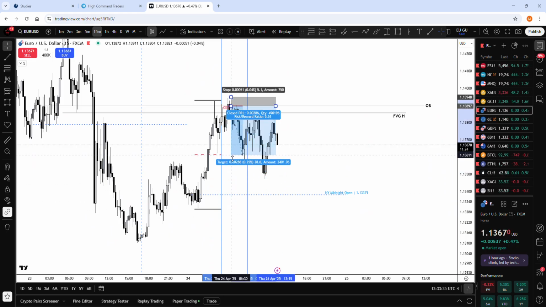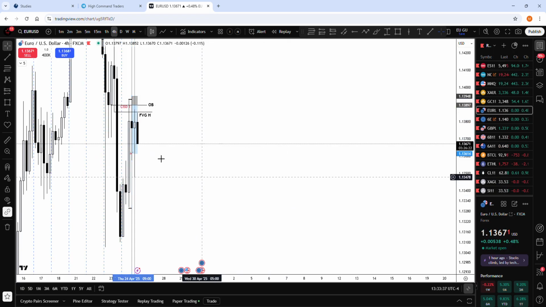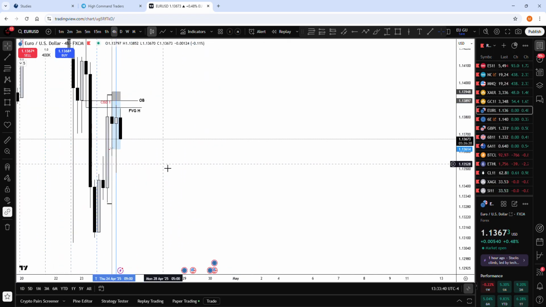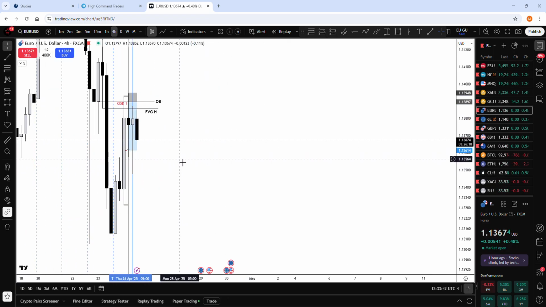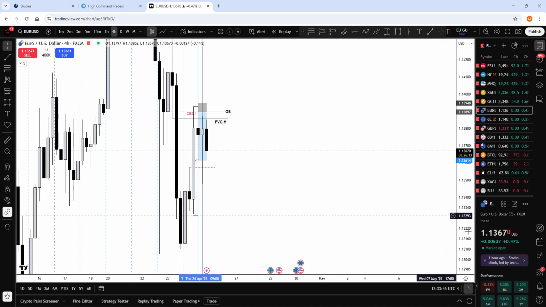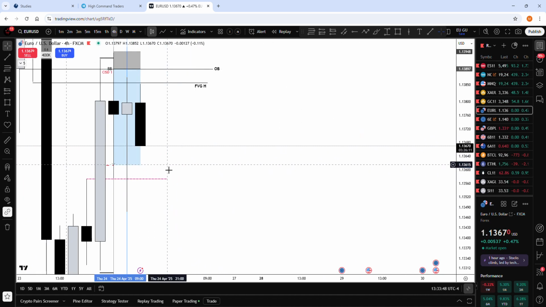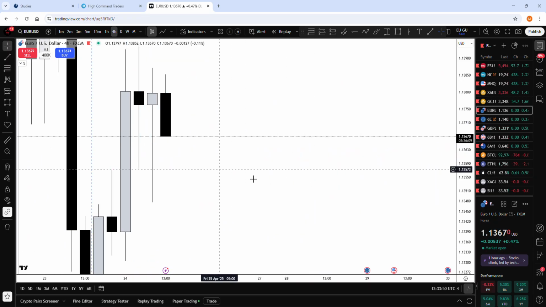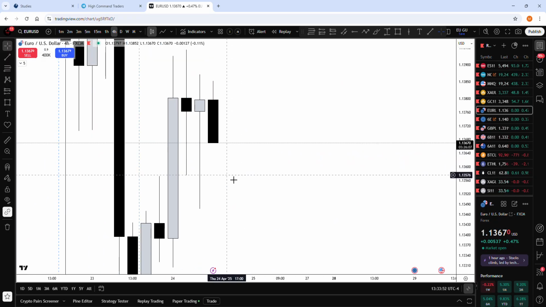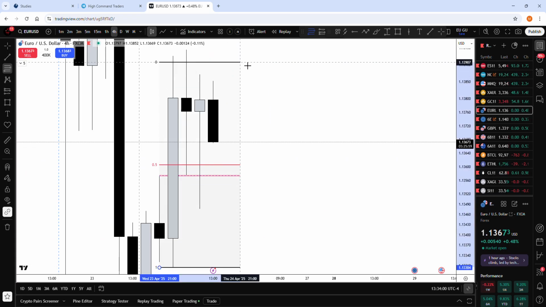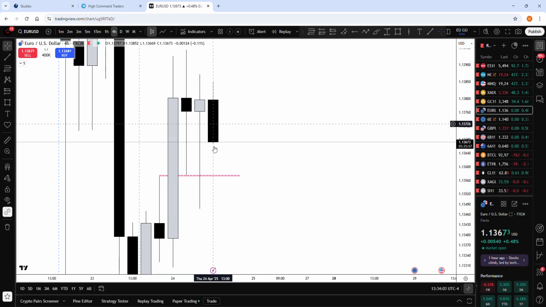Because in this specific example, we have a small fair value gap here on the 4-hour. All right, let's get rid of all this. Very tiny fair value gap here, right at the 50% of this range. Okay, so it hits the 50%, taps into that fair value gap.